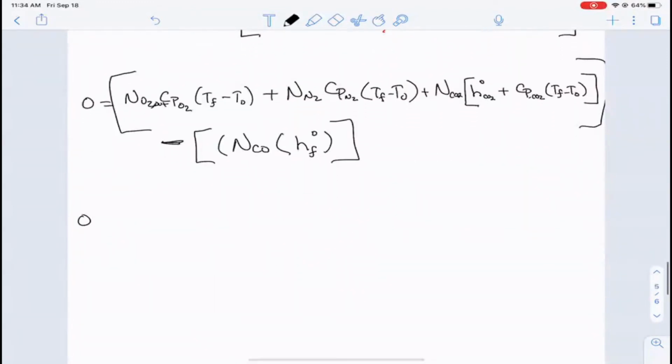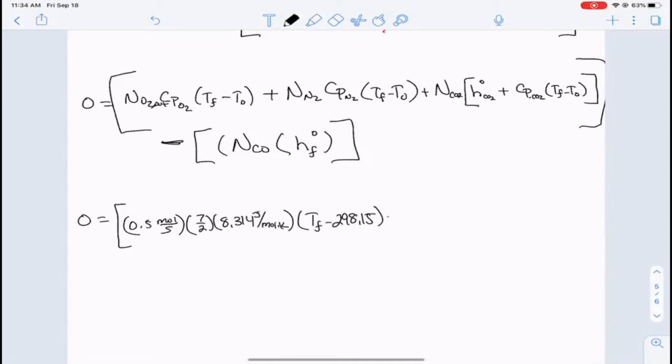So we know then that 0 equals the number of moles of oxygen that are entering, which we calculated to be 0.5 moles per second, times the heat capacity for oxygen, which is just 7/2 times R. So 7/2 times 8.314 joules per mole Kelvin times T final minus 298.15 Kelvin, plus the number of moles of nitrogen.